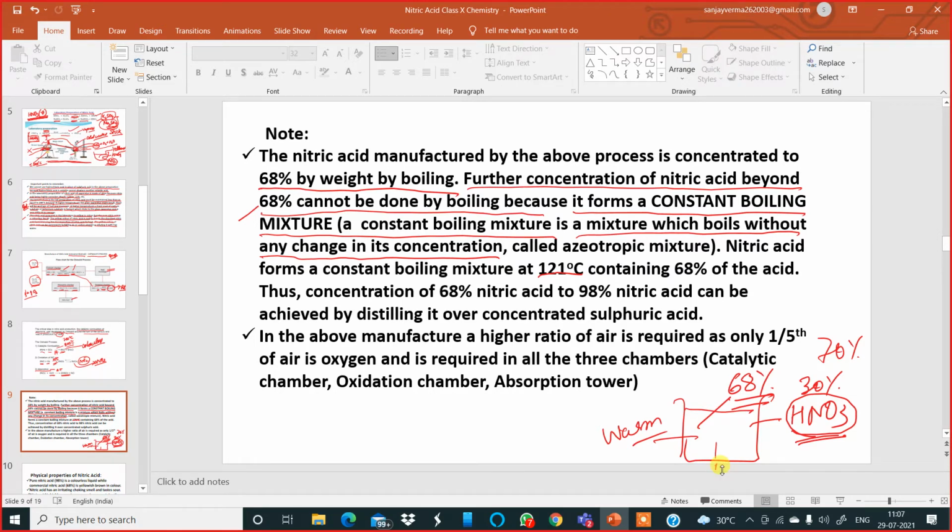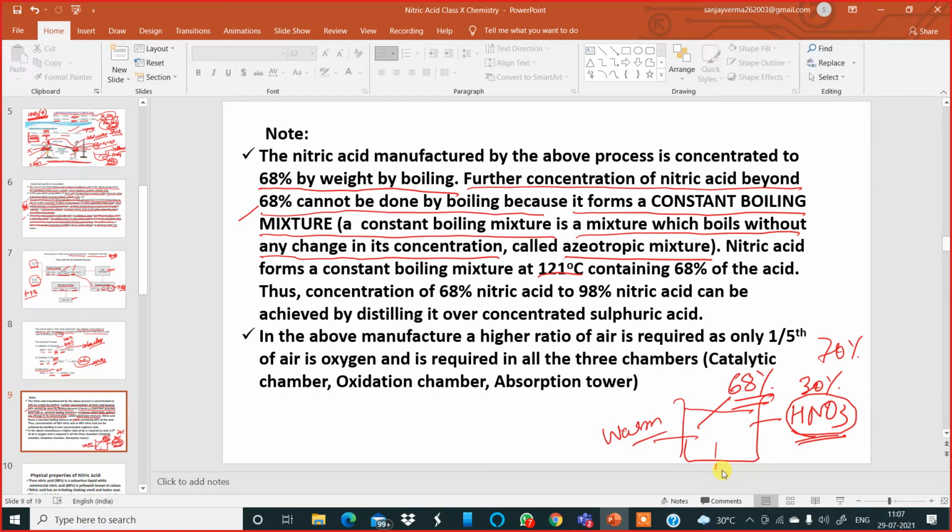A constant boiling mixture is a mixture which boils without any change in its concentration. Moreover, a constant boiling mixture has been given a name, which is called an azeotropic mixture. So, if you decide to concentrate nitric acid up to 99%, then till 68% you can boil.